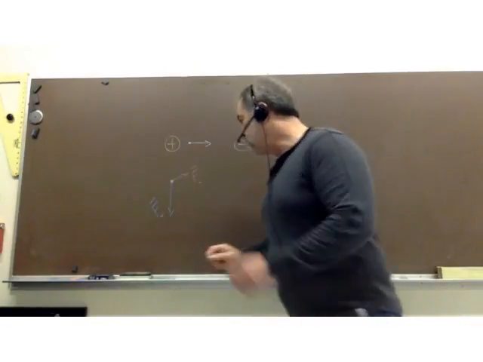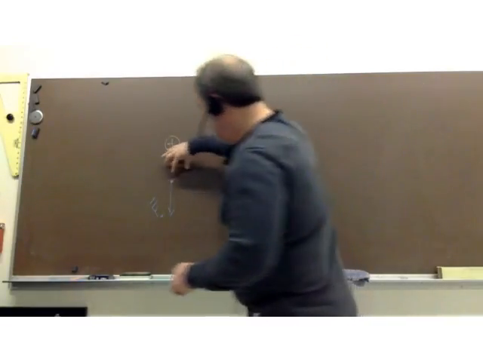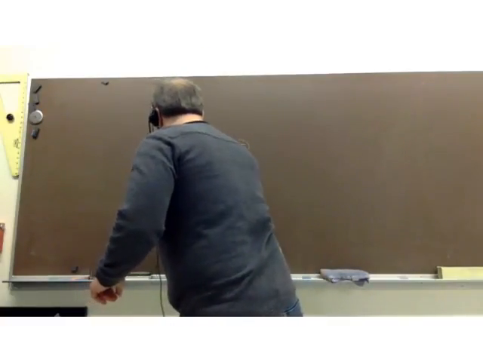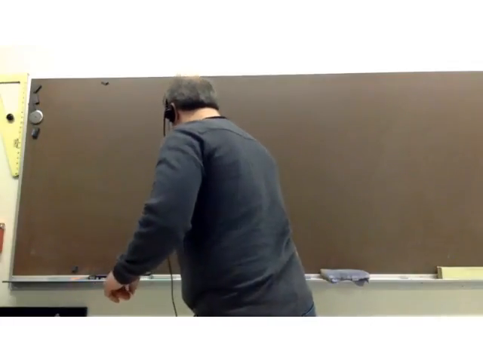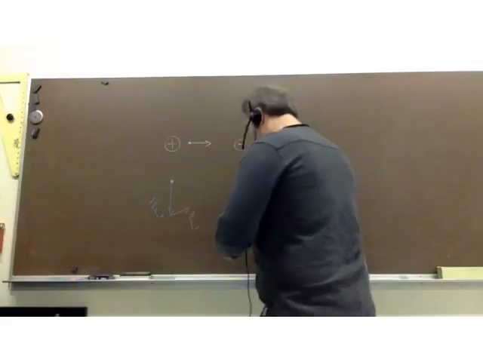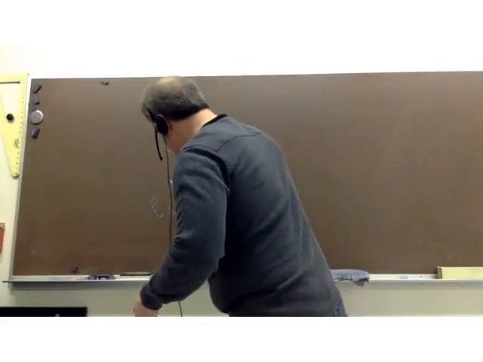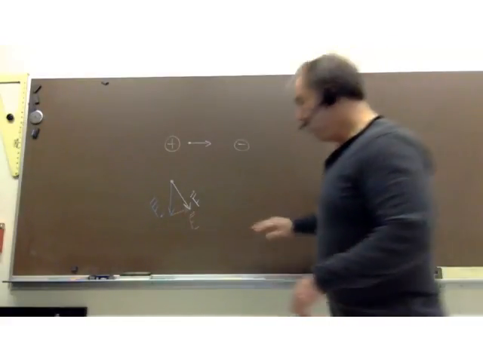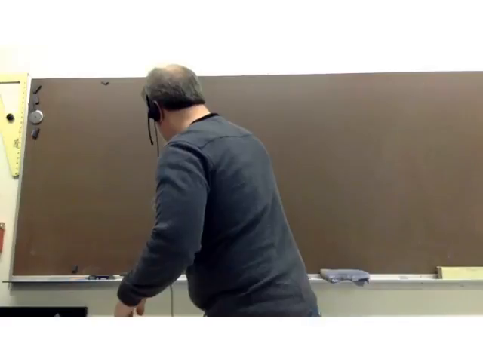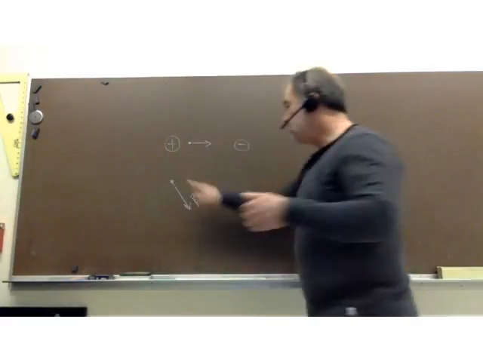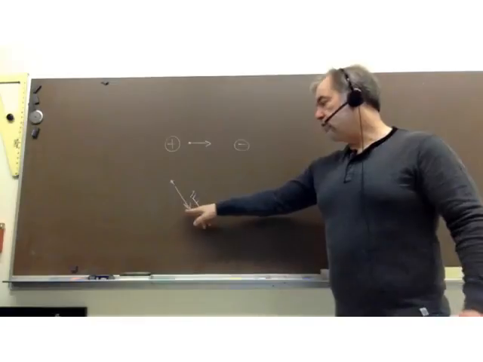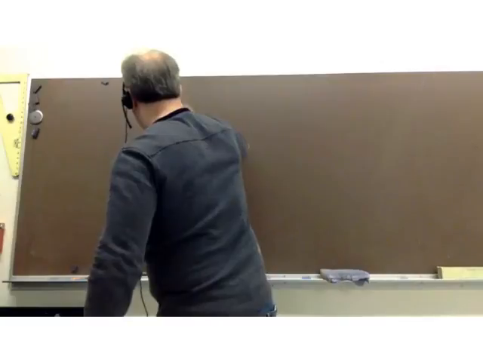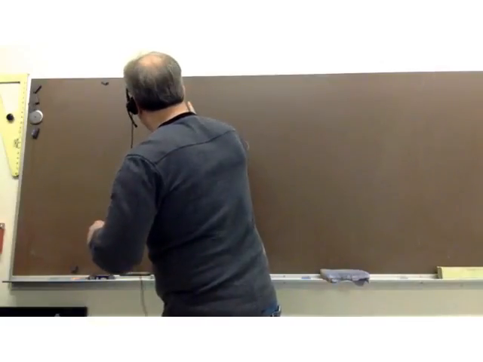And so the net force here, I did this in the previous lecture, I put this vector down here and draw the vector sum. That's the net force. At this location, the net force on a positive charge placed there points this way.